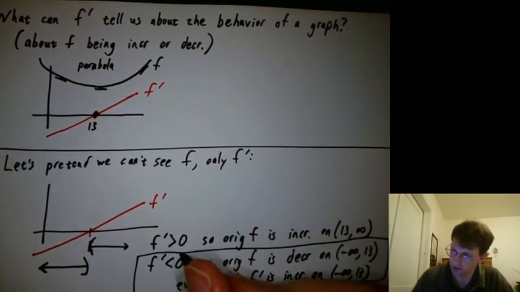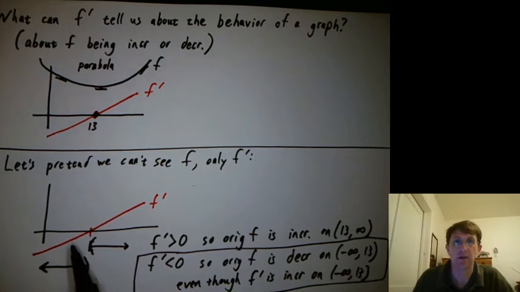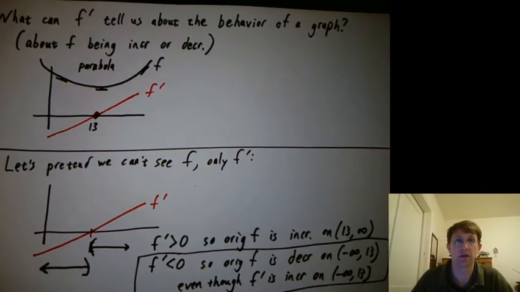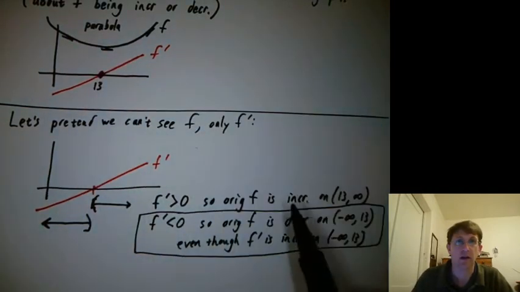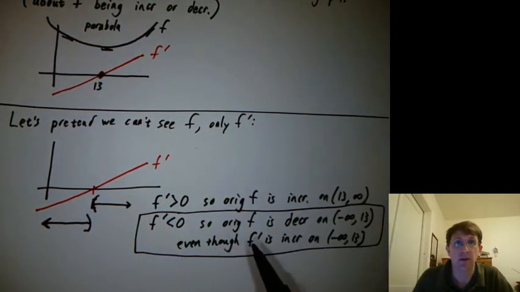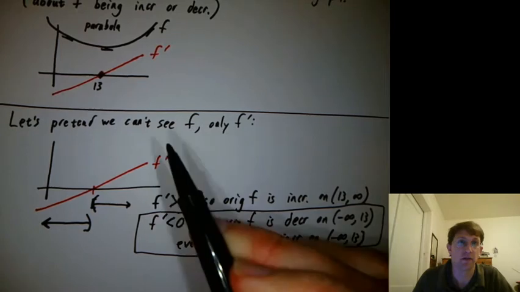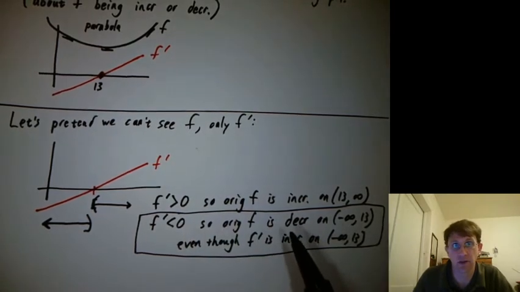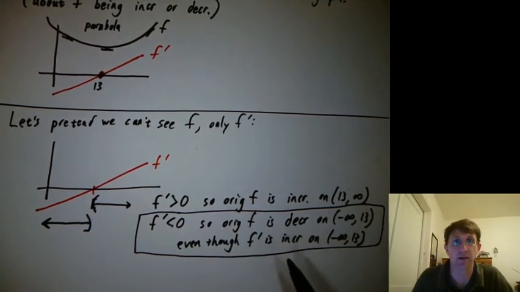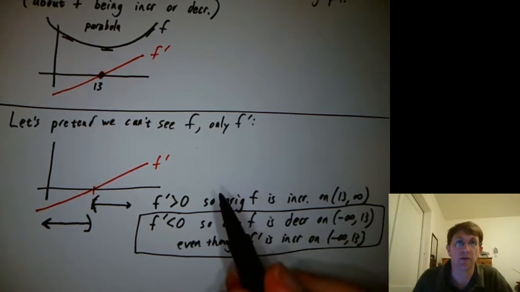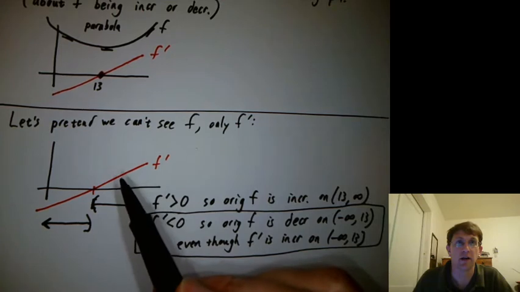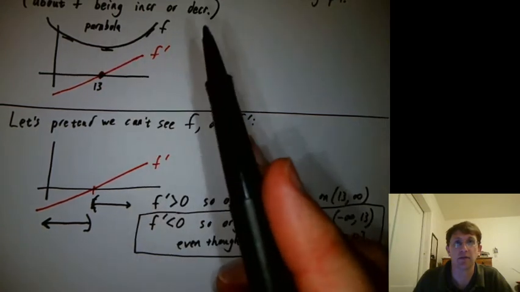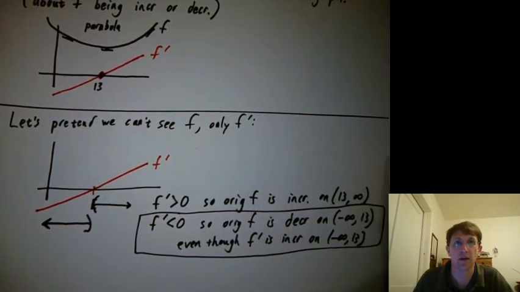They say, oh, the derivative is increasing, so the original function must be increasing. And nope, that's not what's going on here. It is possible for f prime to be increasing and the original function to be increasing, and that's a good puzzle. Can you draw something that works like that? Well, maybe right here, the original f is increasing, and the f prime is increasing.